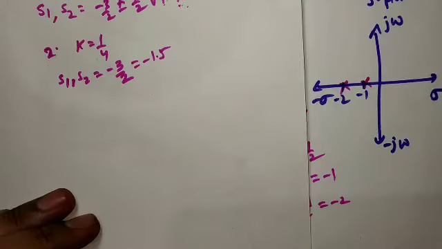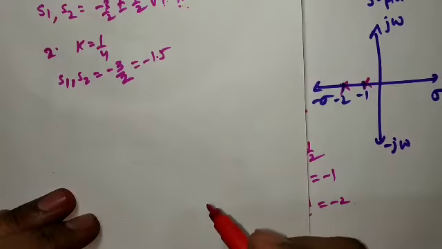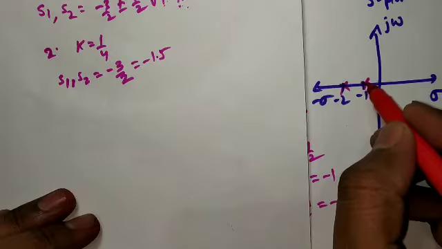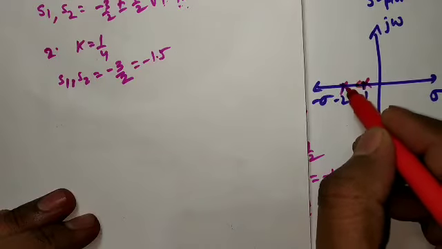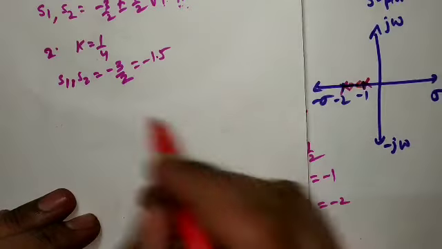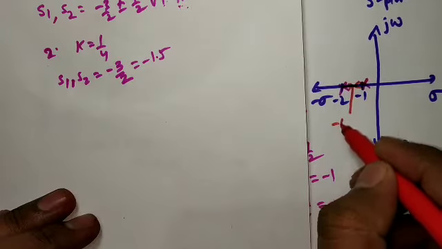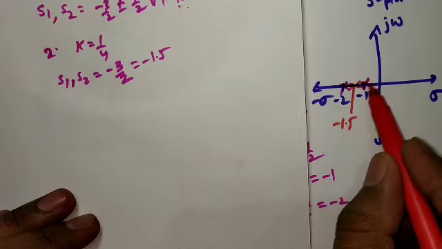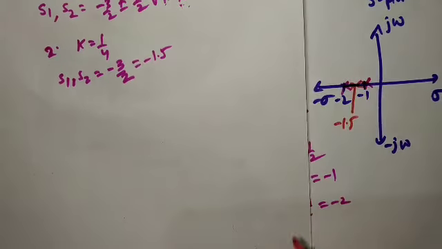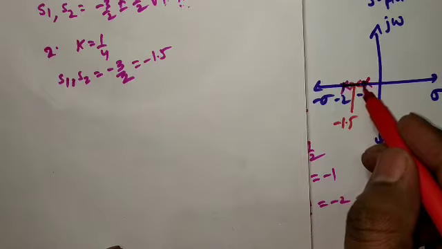You see that when k increases, when k is equal to 1 by 4, this root will move in this direction and this root will move in this direction. At minus 1.5, the roots are meeting, so it means it's critically damped.